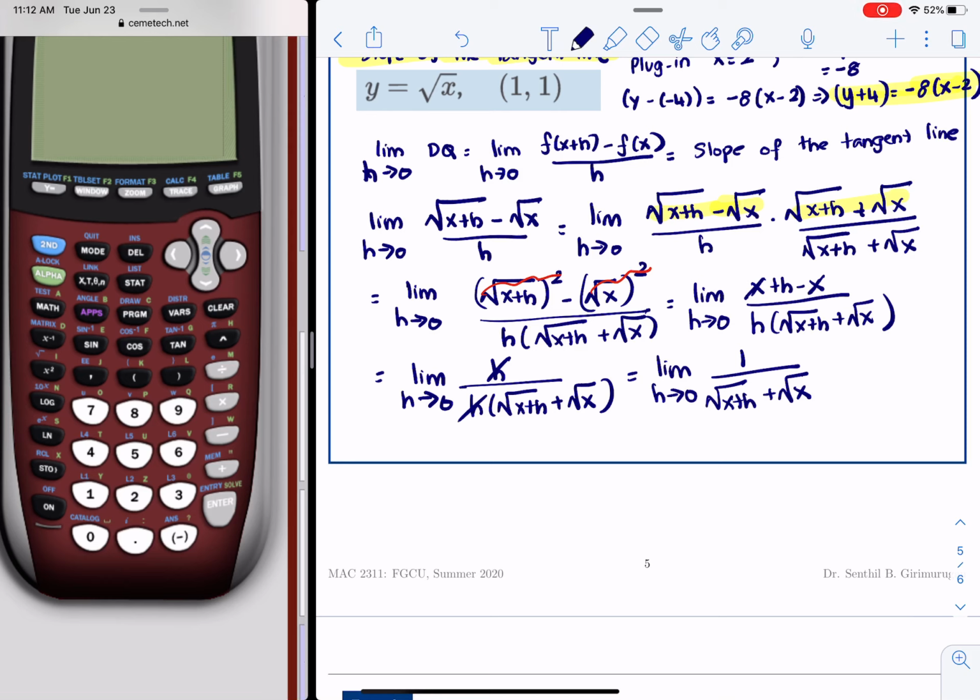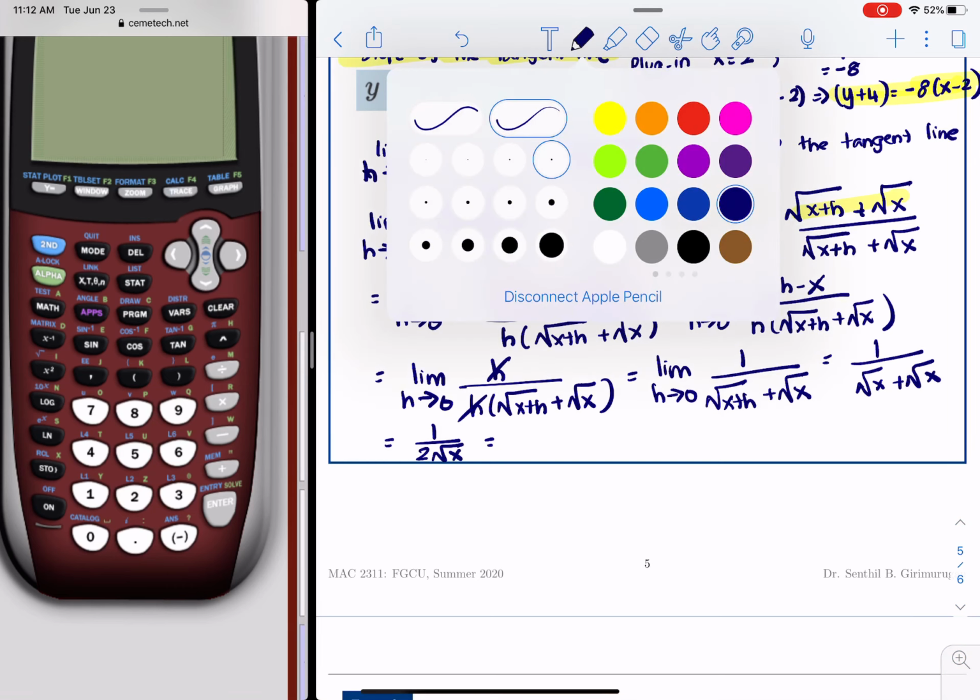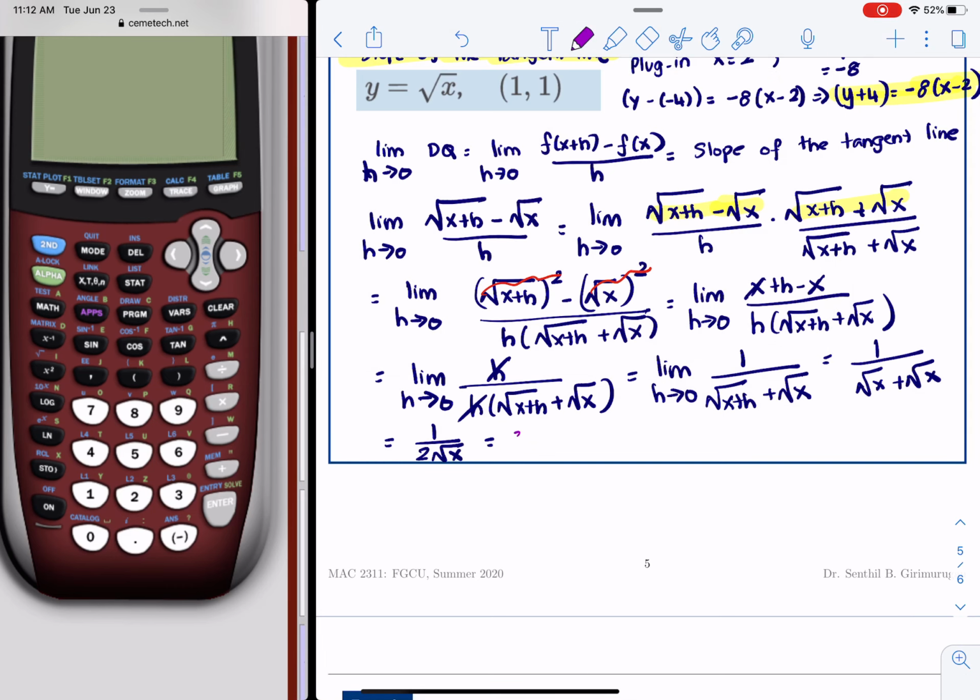When we apply the limit, the first term would become square root of x in the denominator. The second term would also be square root of x. And if I combine the two, I'd simply have 1 over 2 root x. And that simply is the slope of the tangent line in terms of x, which we obtain using the difference quotient.